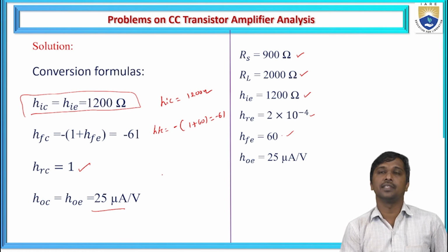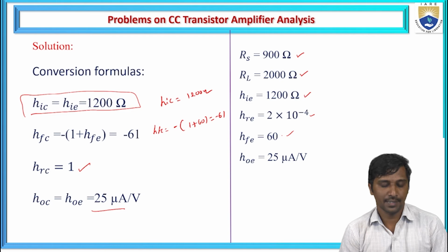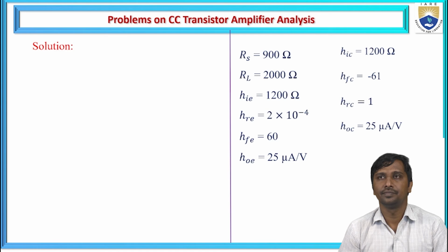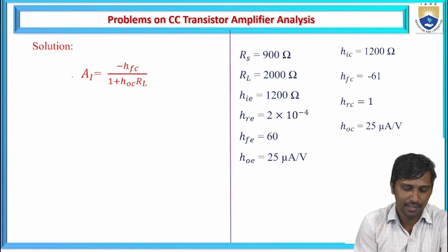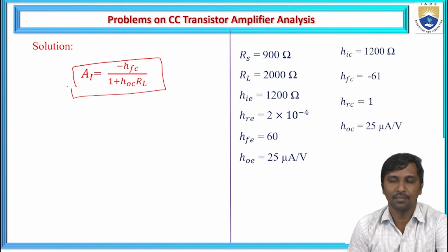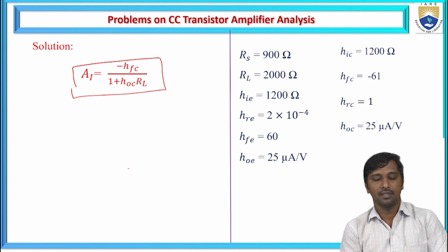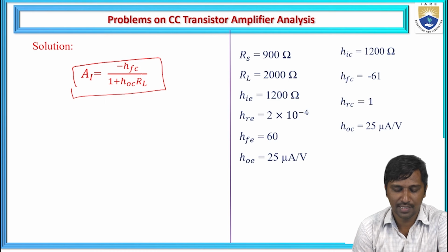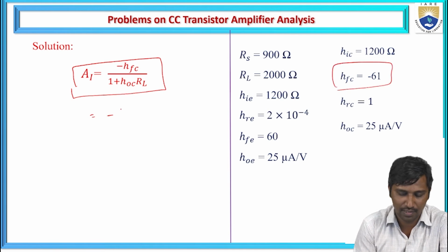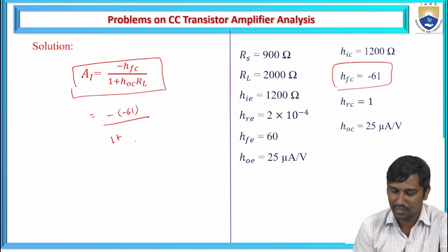Now by using the given specifications and the H parameter model values, we need to calculate the input impedance, current gain, voltage gain and output impedance. First I am going to calculate the current gain of the common collector amplifier. The current gain is represented as minus HFC by 1 plus HOC times RL. HFC is minus 61, hence minus of minus becomes plus, so it is 61 by 1 plus HOC.